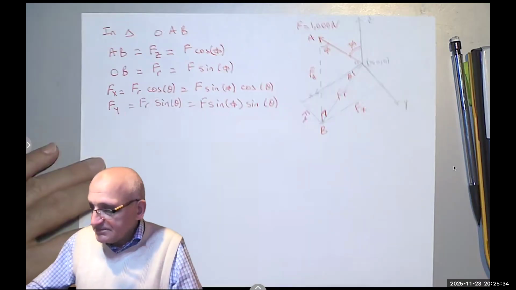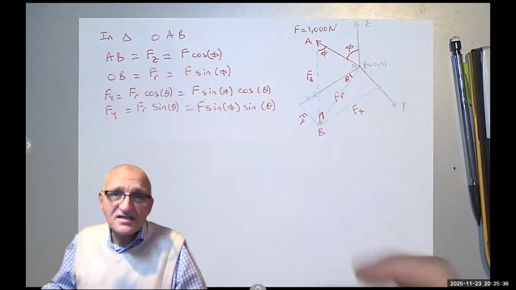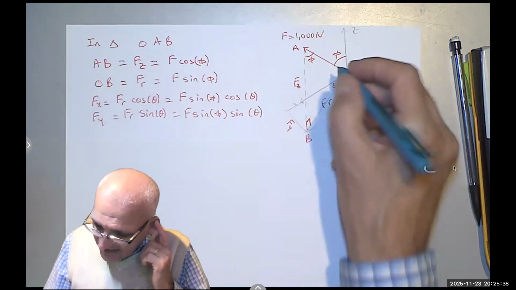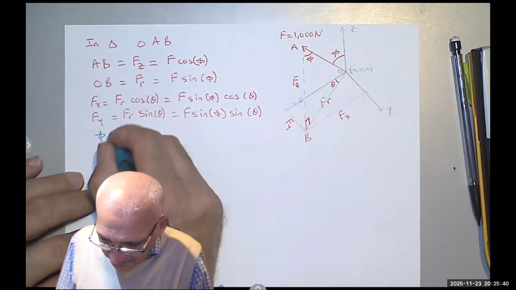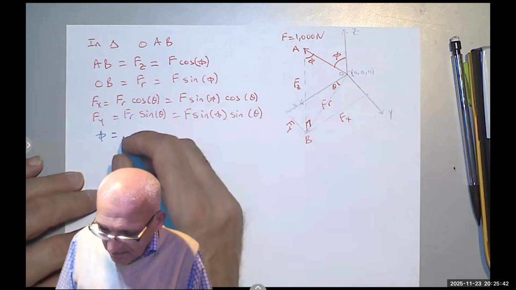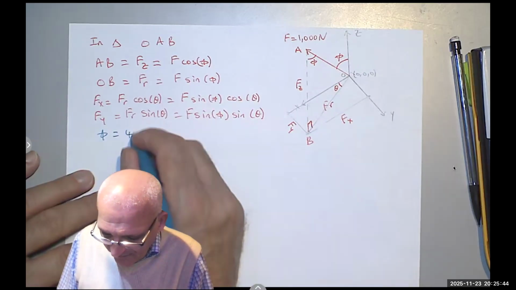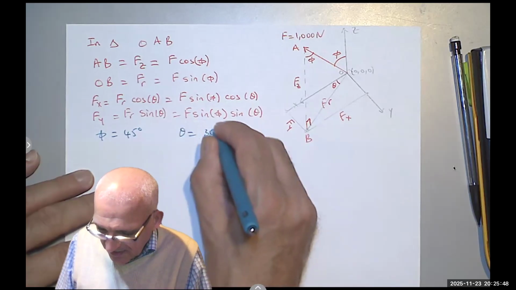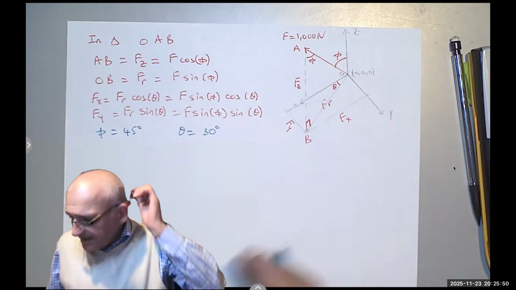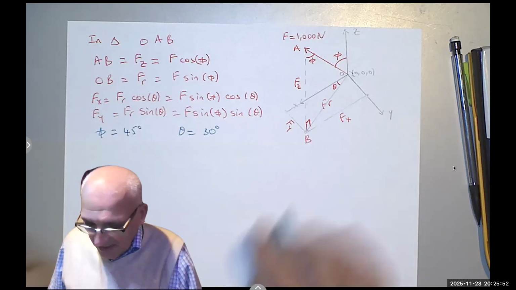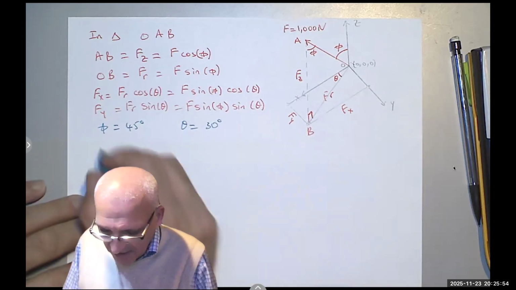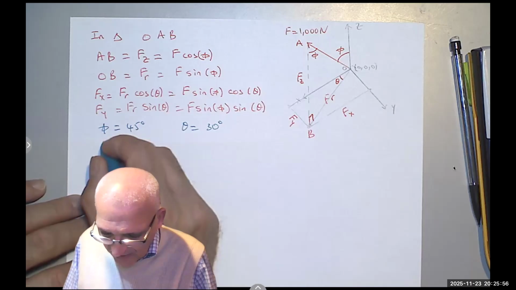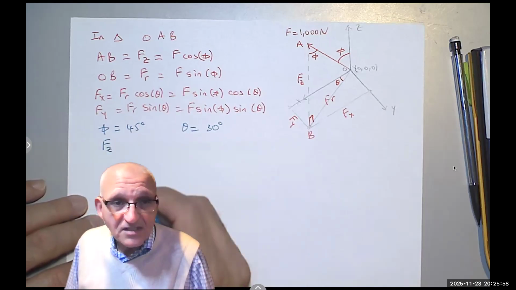If we take a very simple example, we said the force here is 1,000 Newton. Let's say this angle phi is whatever, 45 degrees, and theta is 30 degrees, or any other angle. So substituting here, the easiest one to find is always going to be F sub z.